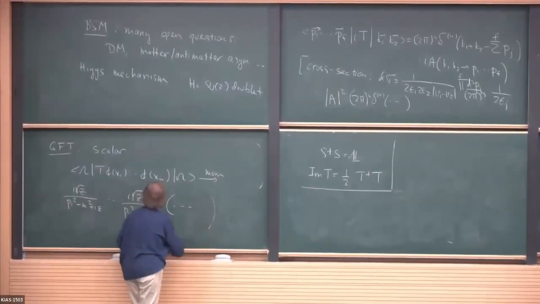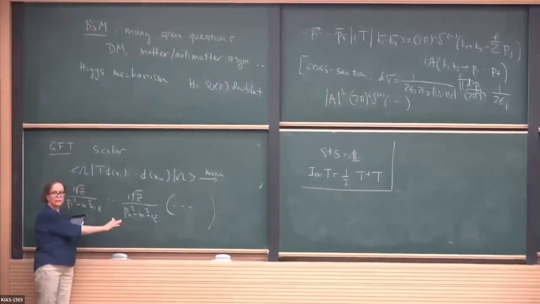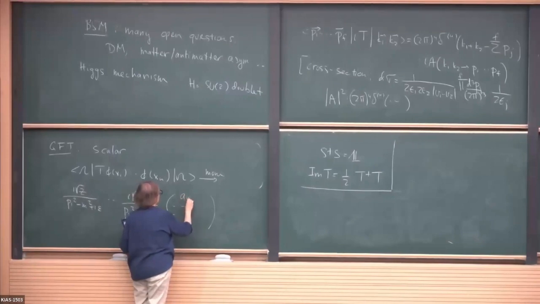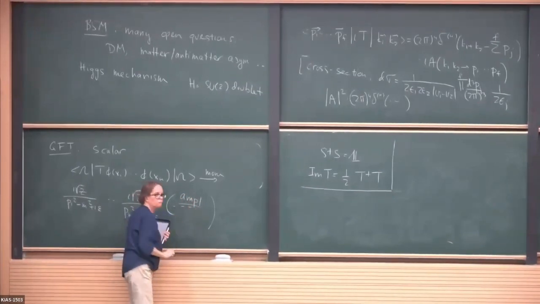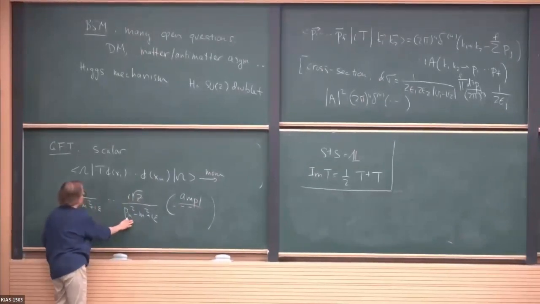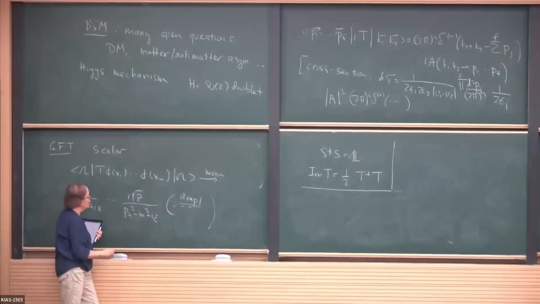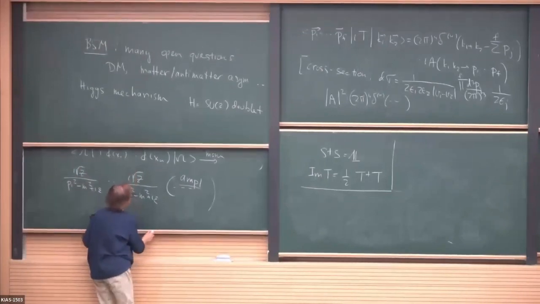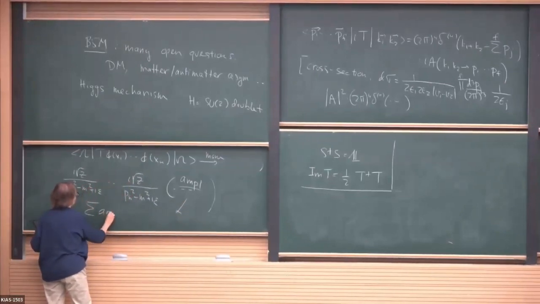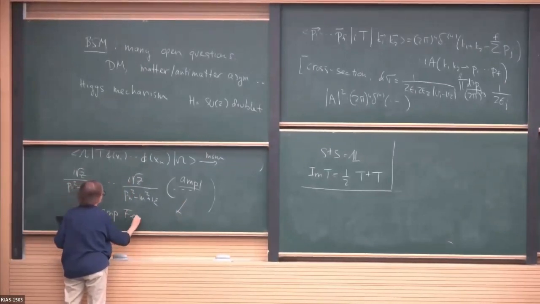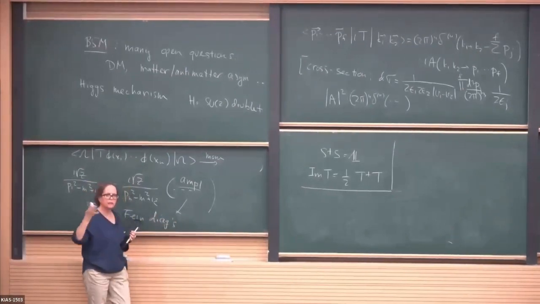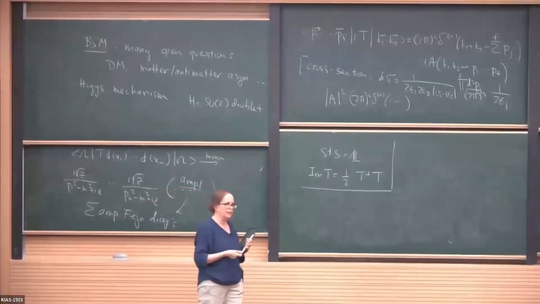And the residue of that, taking out this piece, is our amplitude. So the amplitude is the residue of this multi-particle pole up to the factors of z here. Therefore, it's given by the sum over amputated Feynman diagrams, meaning that there's no propagator for any of the external legs.